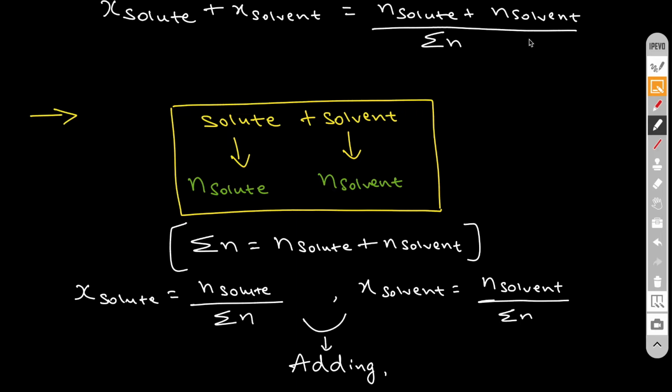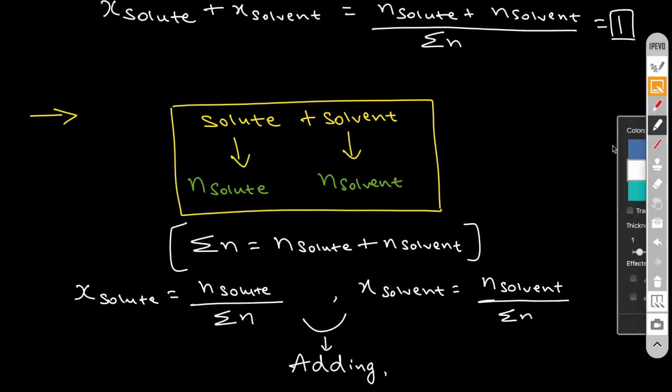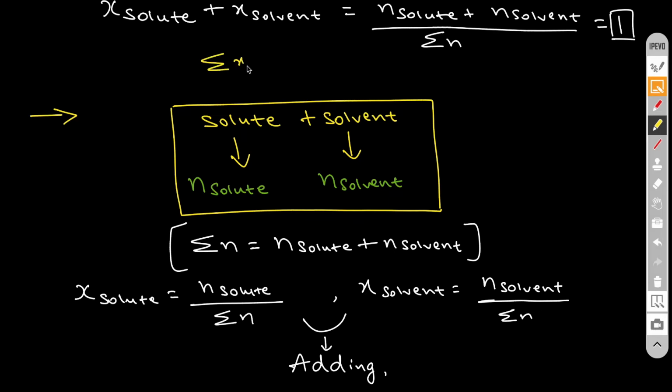Sigma n is itself n solute plus n solvent, so if we put the value, it will come out to be 1. So we got an important result here, that sum of mole fraction of all the components is equal to 1. Sigma xi is 1.